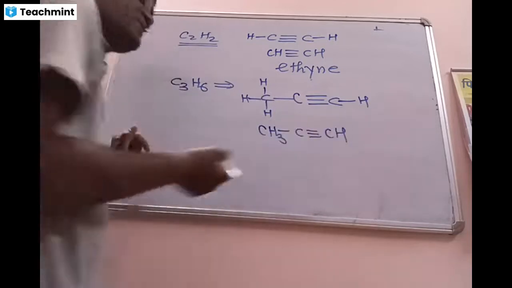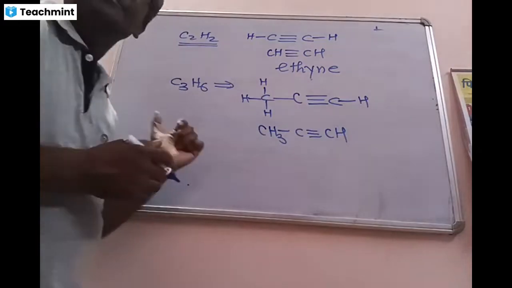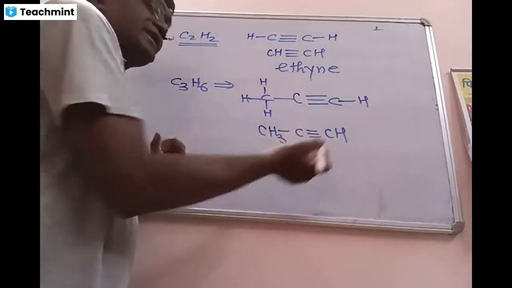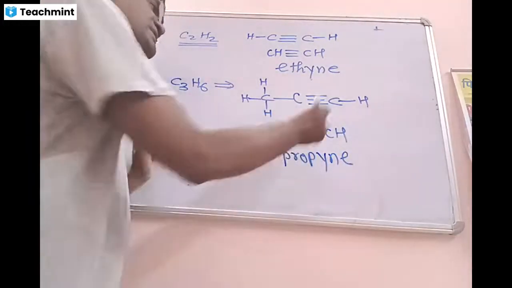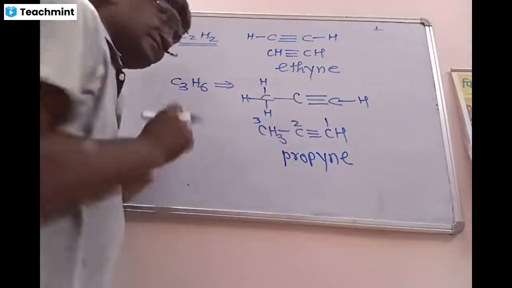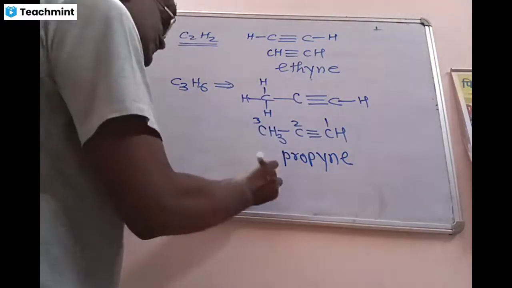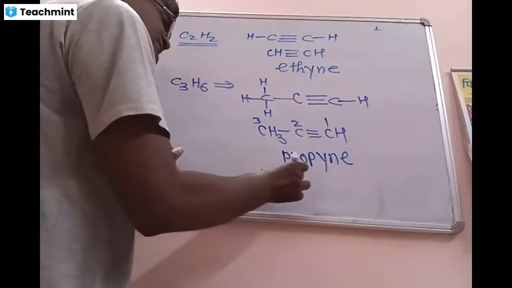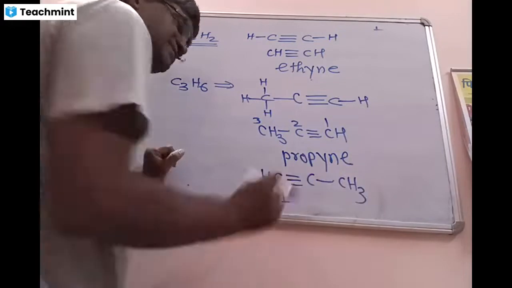Now count the number of carbon atoms. Three. Which will be the parent alkane? Propane, PROP. We do not write ANE, I will write YNE. If you number it like this, carbon number 1 carries the triple bond. If I turn this compound around to the other side, again this will be your first carbon.